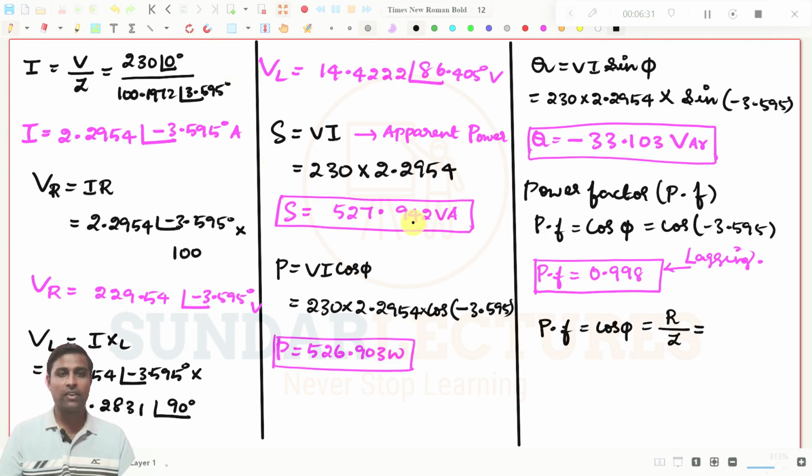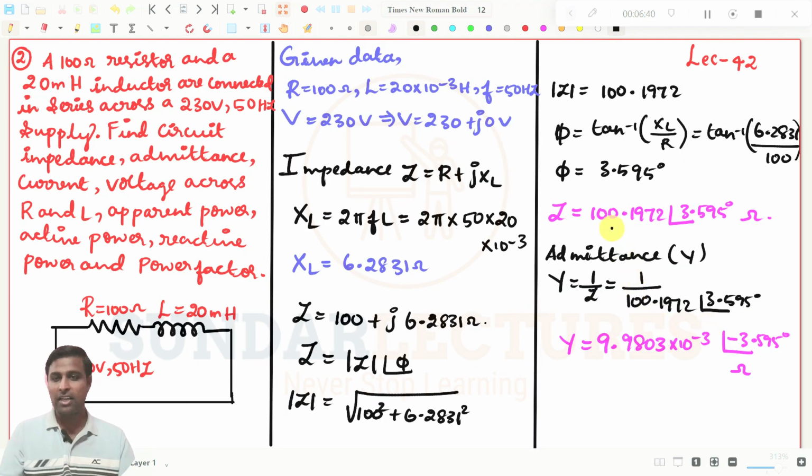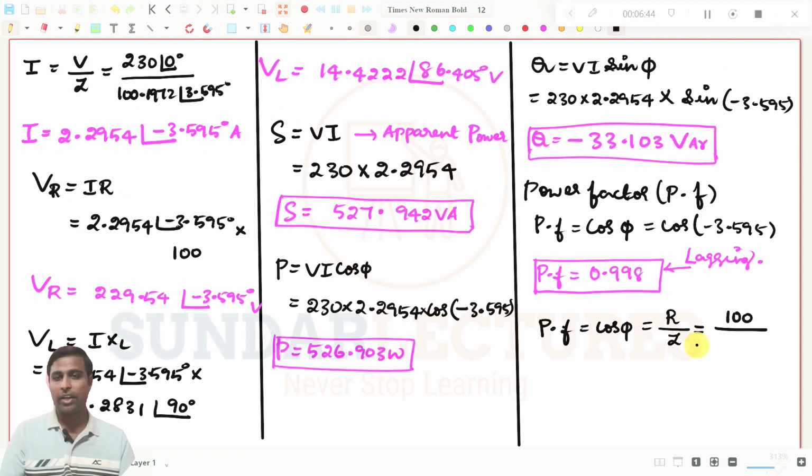The R value is the given value, 100, divided by the Z value, 100.1972. If I simplify this, I get power factor PF equal to 0.998.